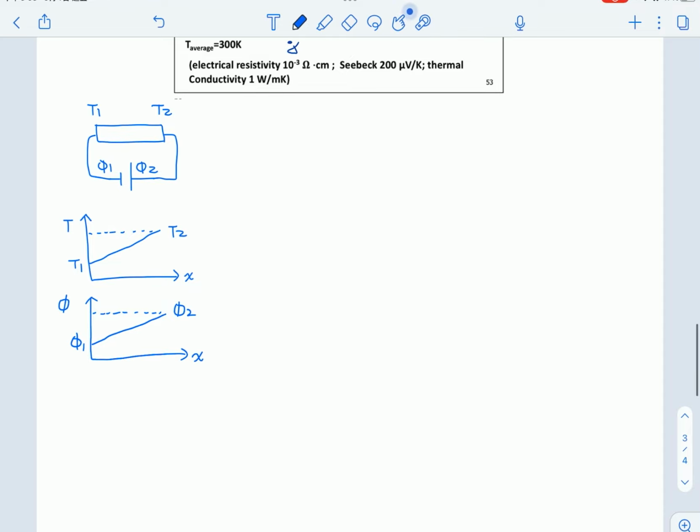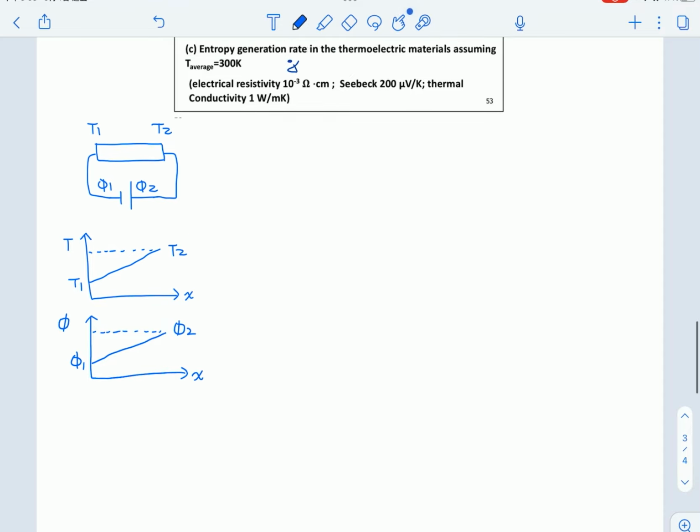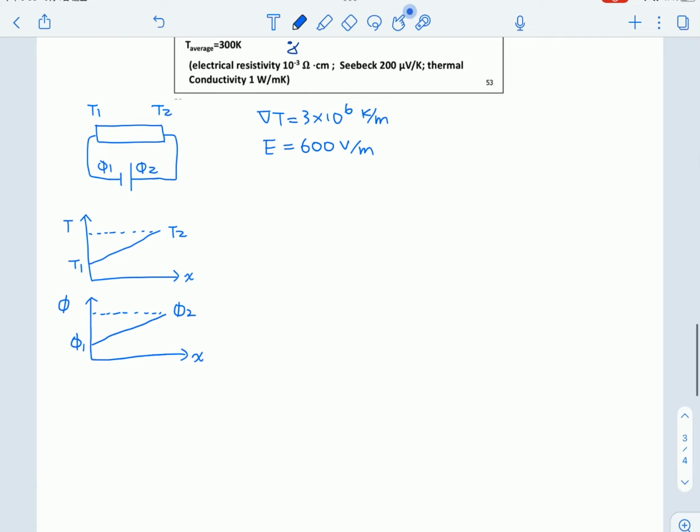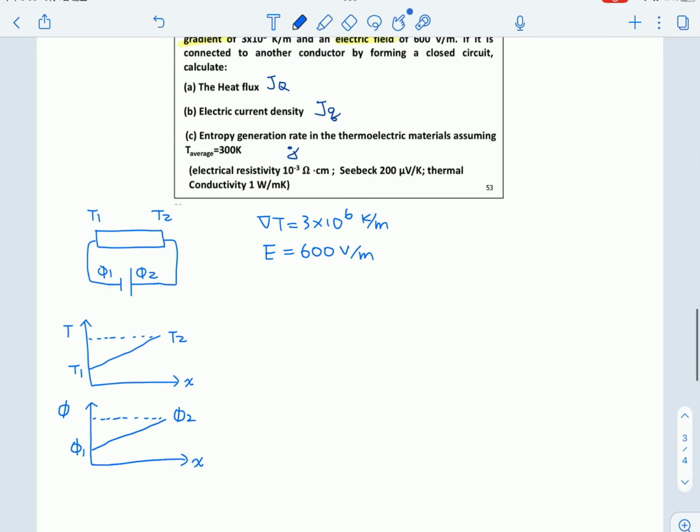Now, as we know, the temperature gradient is this value, and the electrical field is 600 per meter. Okay, so the first question is you need to calculate the heat flux, right?